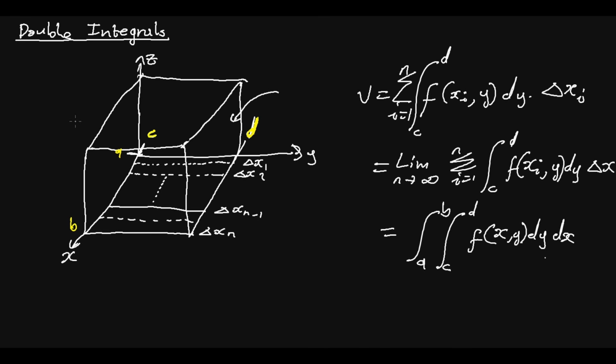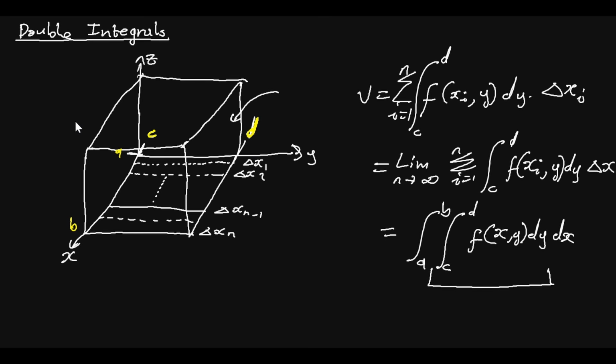So what it means is that to get this volume, the simple thing we just have to do is to perform integration with respect to y. When we do that, x is a constant.